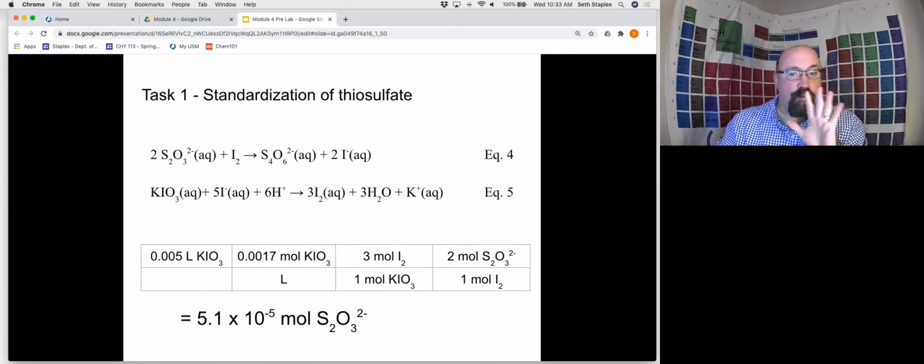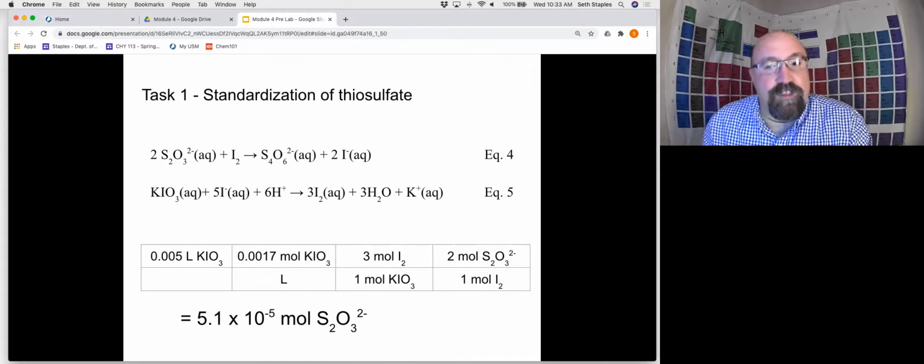And so this is a number that will be the same for everyone in doing your standardization process. At the end point of your standardization, when the liquid in your flask turns blue, you are absolutely using 5.1 times 10 to the negative fifth moles of your thiosulfate.